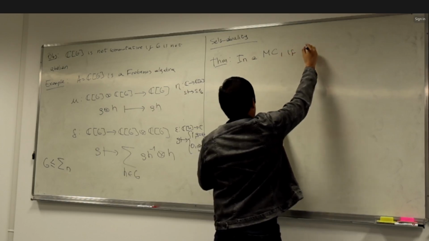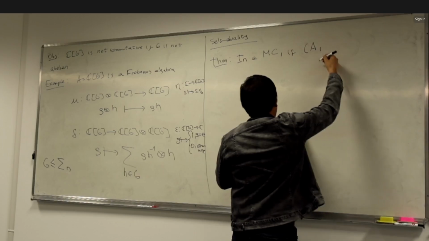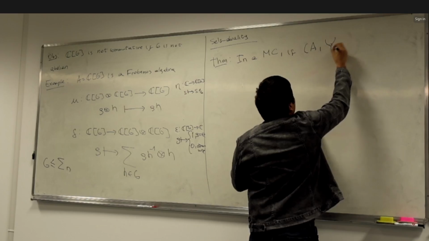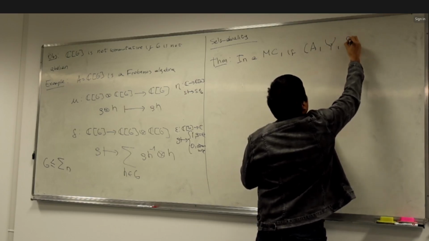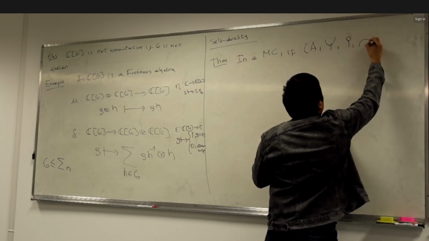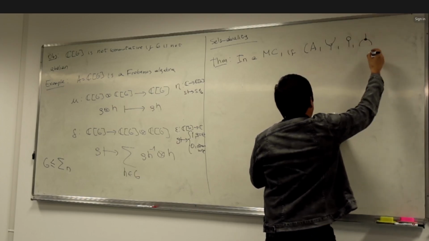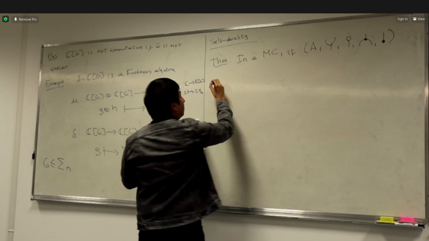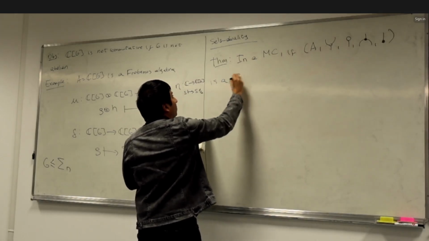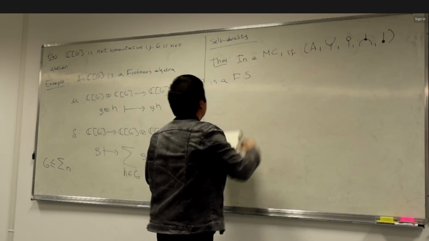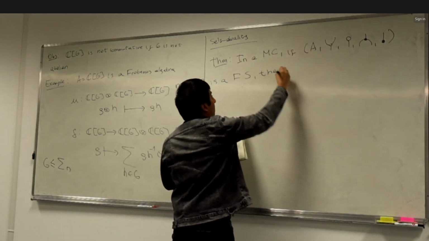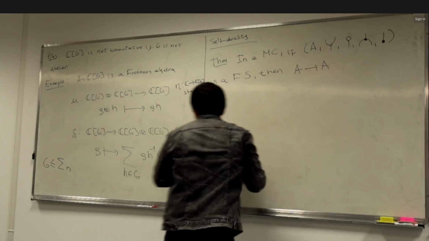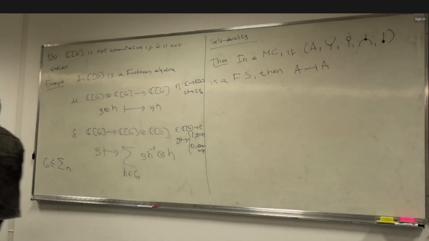If A has a Frobenius structure, then A is the dual of A.